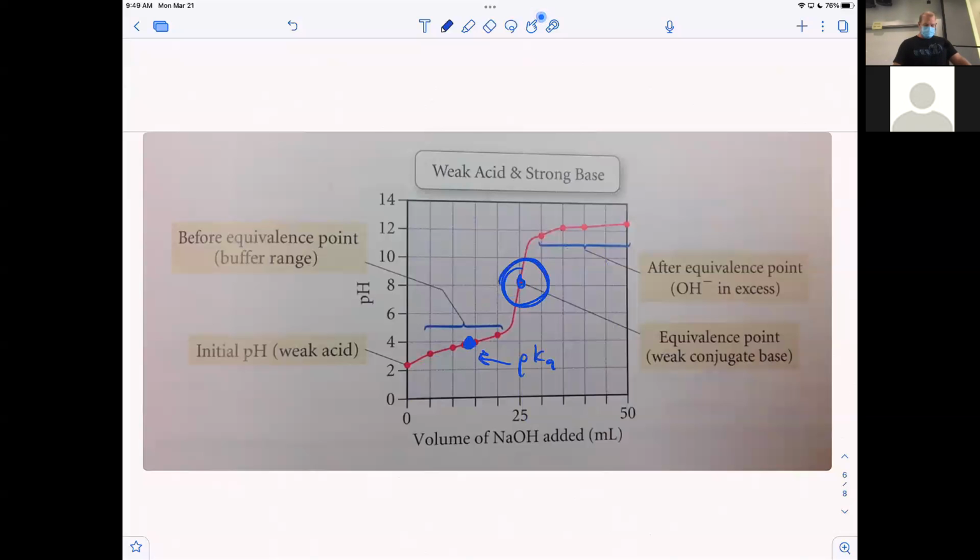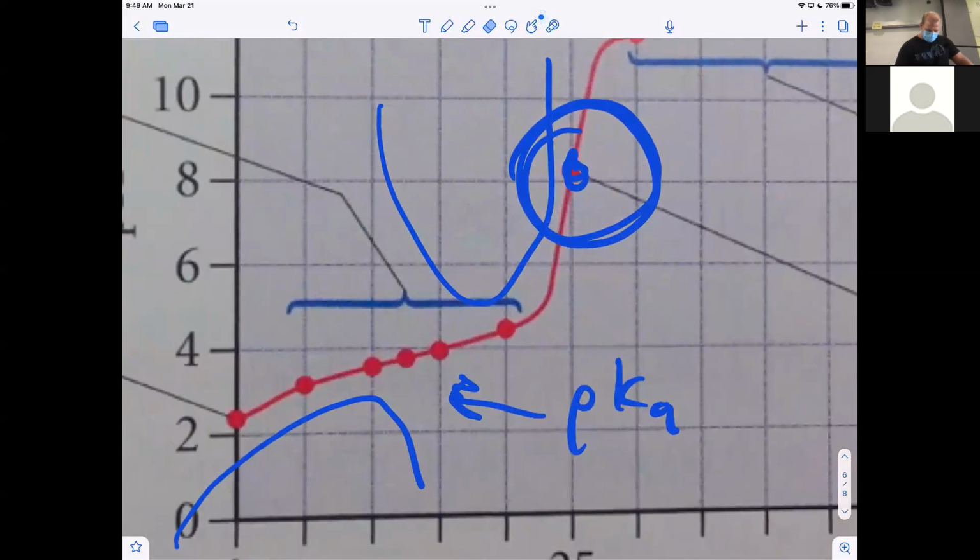You can look at it, and just for me, I see it around there, where it goes from concave down to concave up. Maybe it's even a little further over. Yeah, it's probably around here-ish. I think it's a little past that red line. So this value is the pKa.